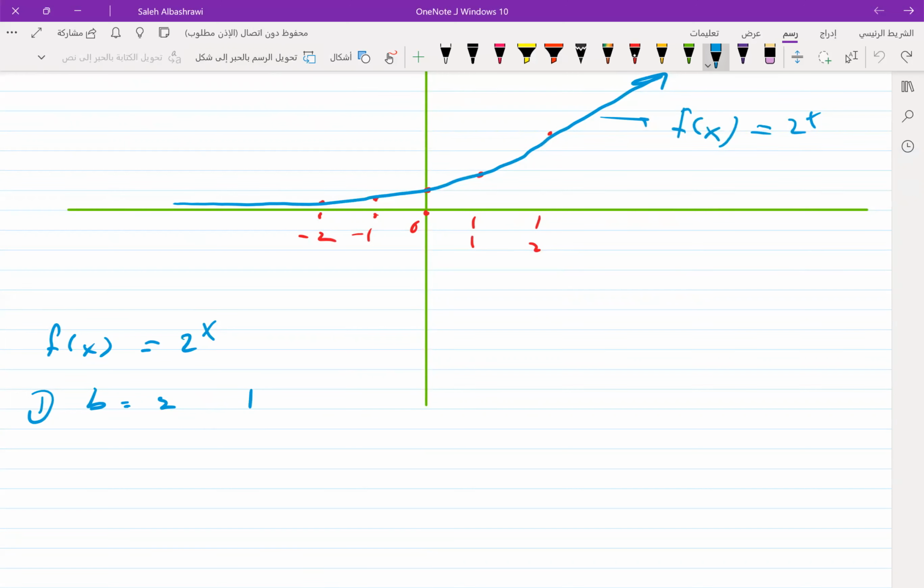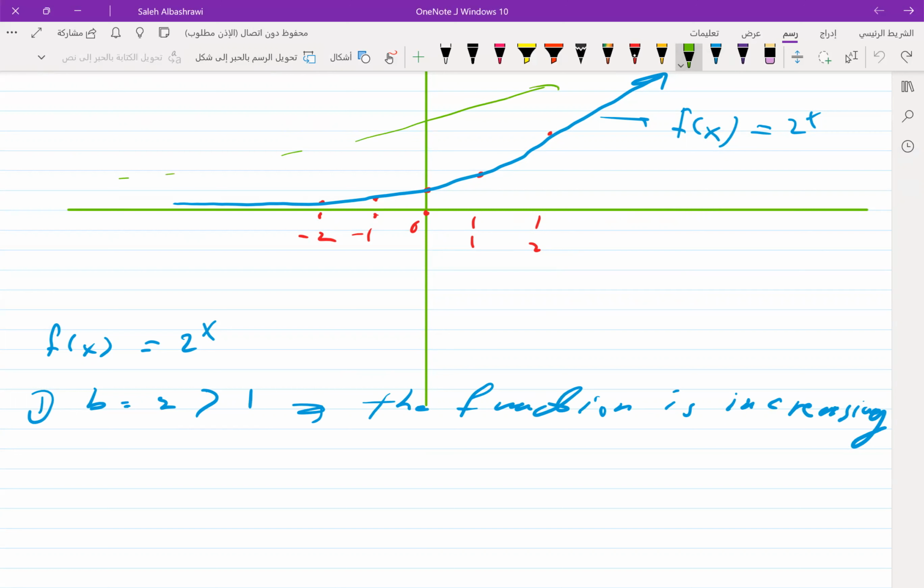It means the function is increasing. Increasing means it's going up. Direction of the graph from left to right is increasing.